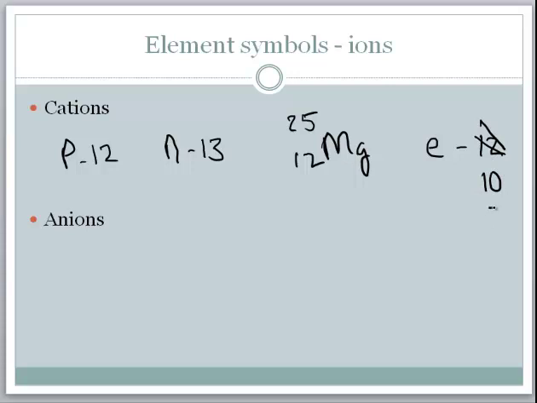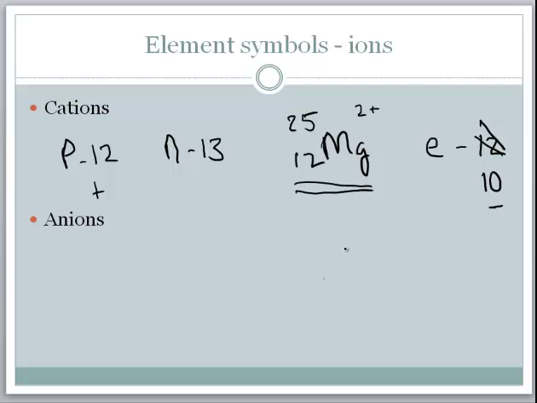So now we've got 10 negatives and 12 positives. So we've got 2 more positives than we have negatives. That would give this atom a positive 2 charge. So we're going to put a 2 plus right there, sort of like a superscript. So what this would mean is that this particular isotope has 12 protons, 13 neutrons, and 10 electrons.